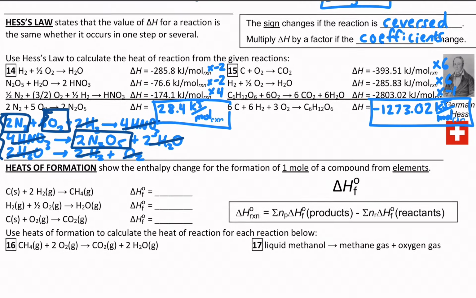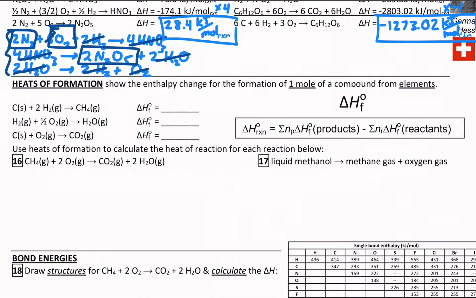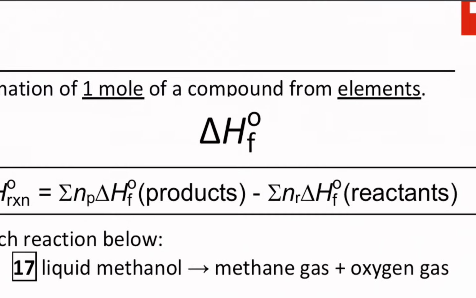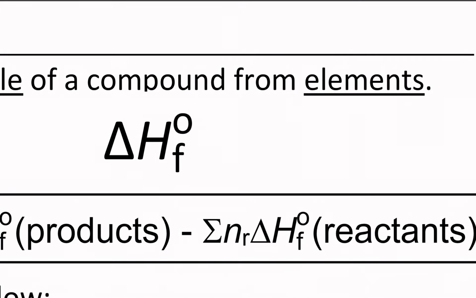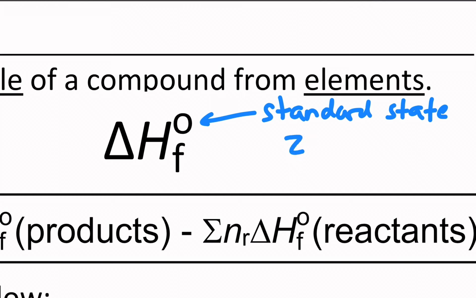The second method to get delta H is involving what are called heats of formation. These are tabulated values, and you have a big list of them in the back of your workbook that shows these formation values at what's called the standard state. That's what that superscript 0 refers to. The standard state is a defined set of conditions, specifically 25 Celsius and 1 atmosphere.